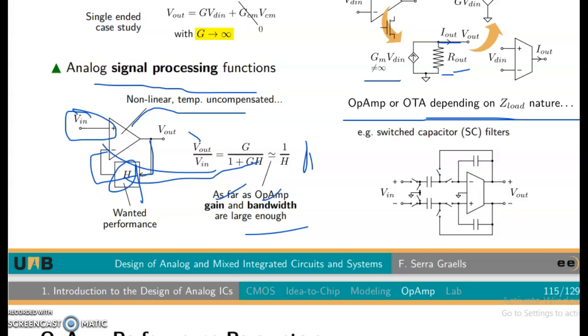Depending on the load, switched capacitor SC filters, with VN and V out. Here there is a plus connection and the switch is the negative.